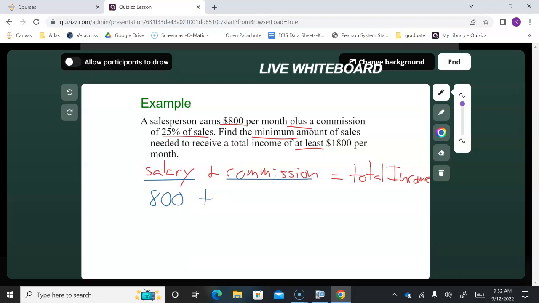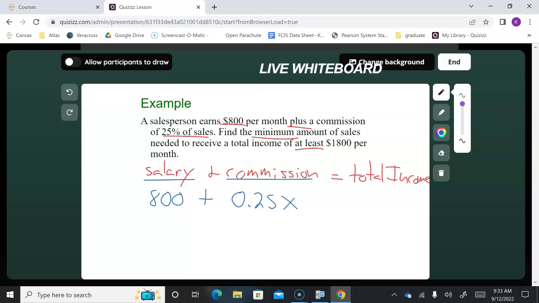Plus, how do we calculate commission? 0.25. I'm going to use X just because my S's look weird when I write on there. So whatever variable, it doesn't matter. X, S for sales. Just a variable.